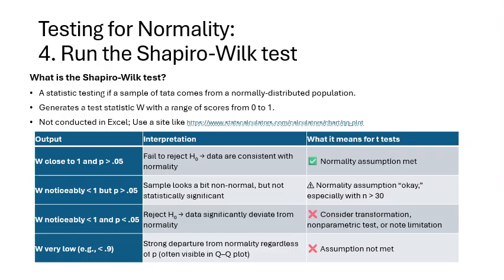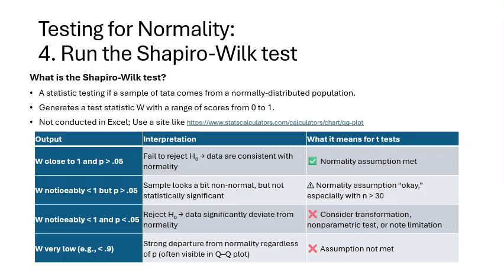So how do we interpret it? If your W is close to 1, and remember you get a statistical test, and if your p-value is greater than 0.05, this is what you want. You're going to fail to reject the null, and that means that your data are not significantly different than normal. And this is a good result. So probability greater than 0.05, W close to 1.